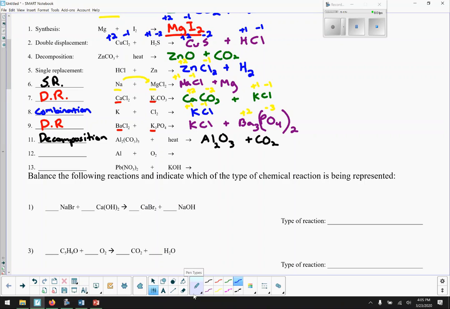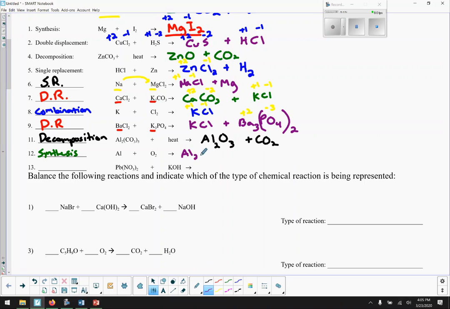Next one, aluminum and oxygen. Aluminum and oxygen is going to be a combination or a synthesis. I'll call it a synthesis this time. I don't care which one you prefer to call it. So you have a synthesis with aluminum combining with oxygen. It's going to be a metal and a nonmetal, so you have to balance the charges.